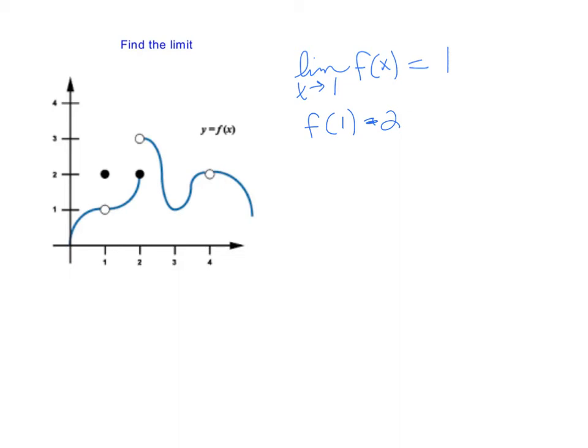So let's jump over to the limit as x approaches 4 of f of x. We know that f of 4 does not exist, because there's a hole there, but the limit does exist because it's the same from the right and from the left. It approaches 2 from both sides. So the limit of that is 2.